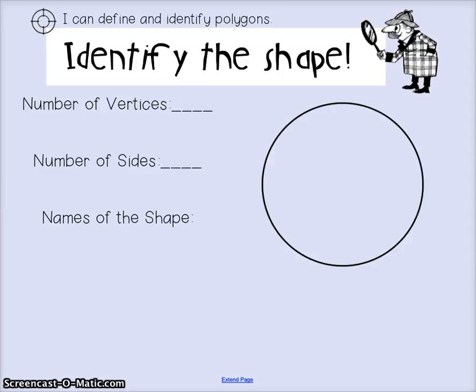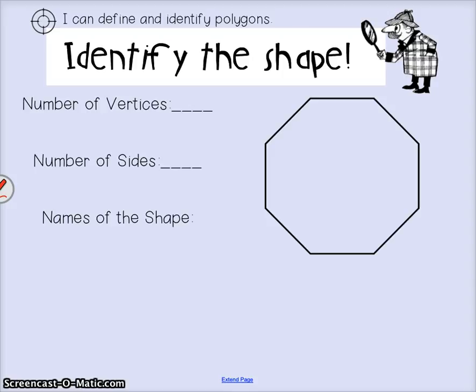What about this shape? How many vertices does this one have? That's right, 0 vertices, 0 sides. This one is called a circle. Nice job not letting us trick you. That is not one of the polygons we are working with because it is not a polygon.